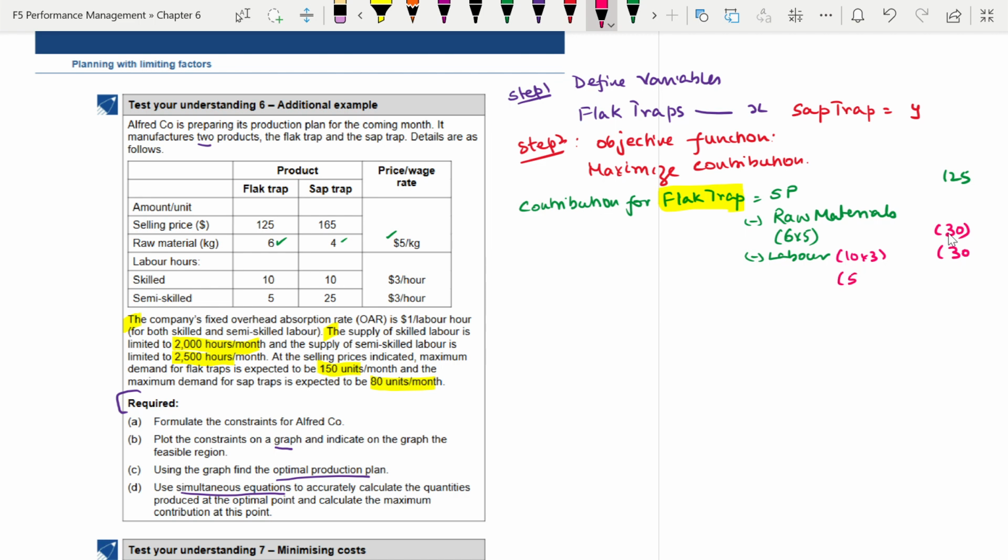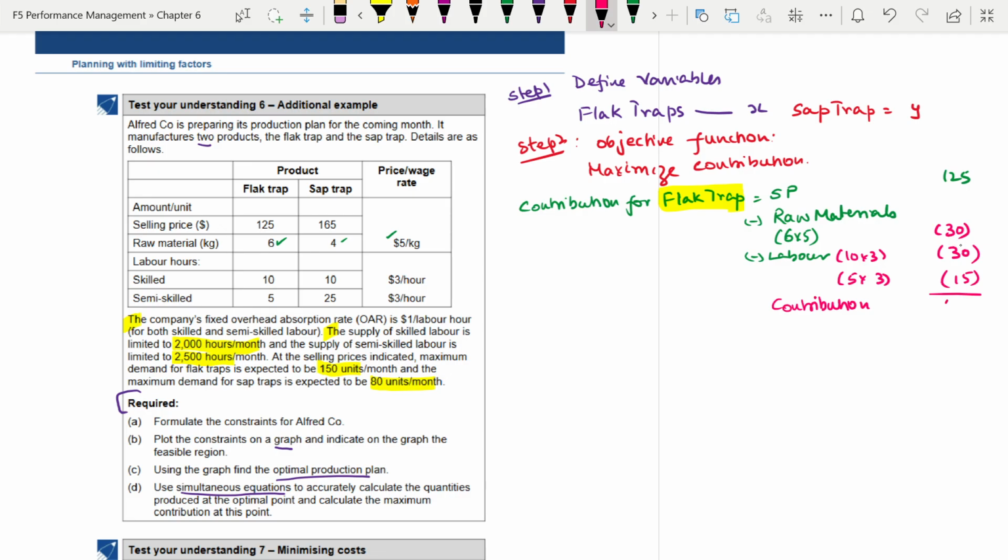How much semi-skilled? 5 times 3, which is 15. Are you clear about this? Yes. Now, how much is the contribution? 125 minus 30 minus 30 minus 15 comes to 50.